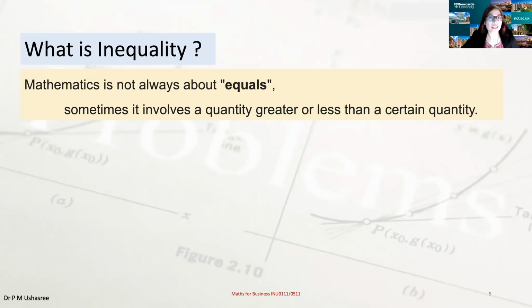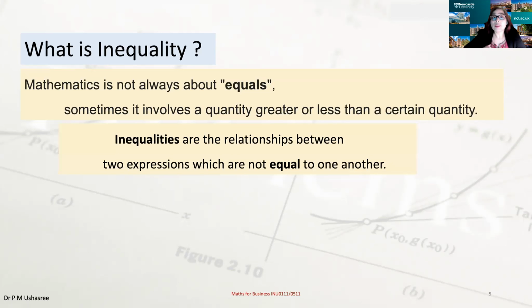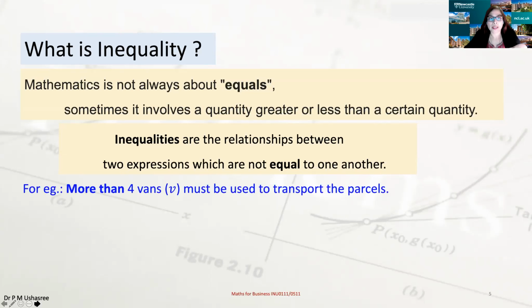Sometimes it involves a quantity greater or less than a certain quantity. So inequalities are the relationships between two expressions which are not equal to one another. It could be greater than, less than, greater than or equal to, or less than or equal to.